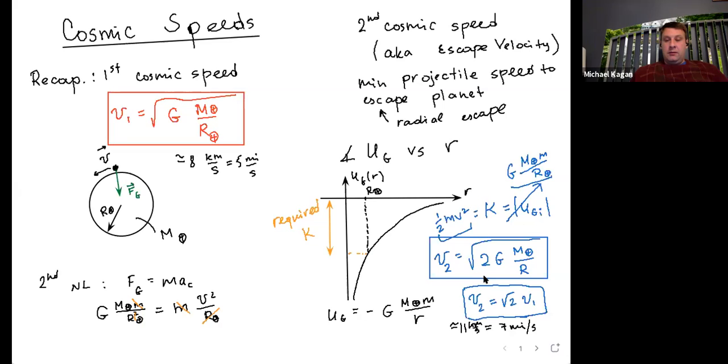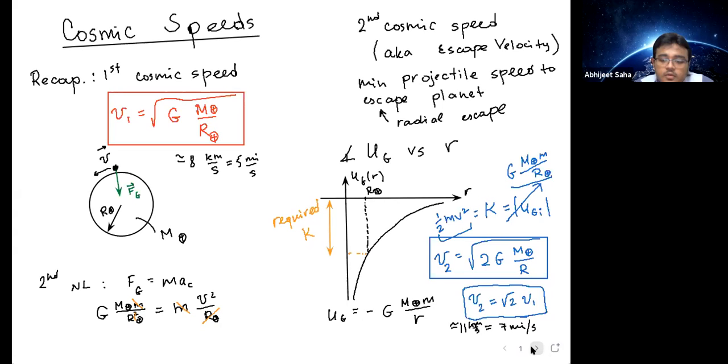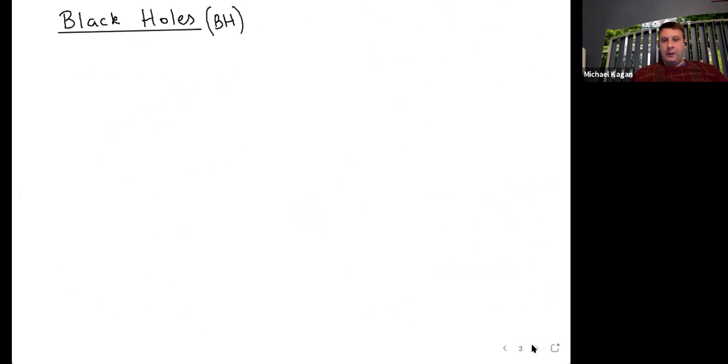And how small do you need to squeeze it? Well, it's easy to see, right? You just set v2 equals the speed of light and solve for the radius. Or you can just set m over r as some kind of density. I wouldn't call it density.